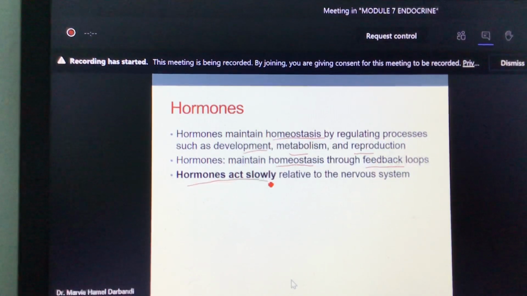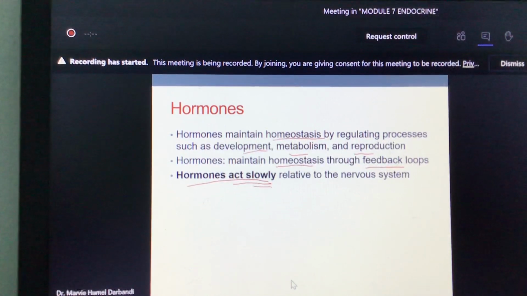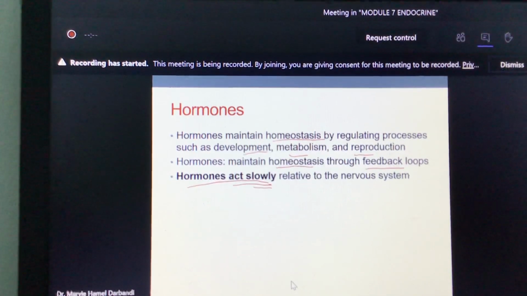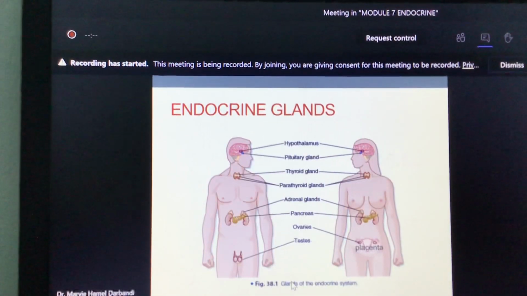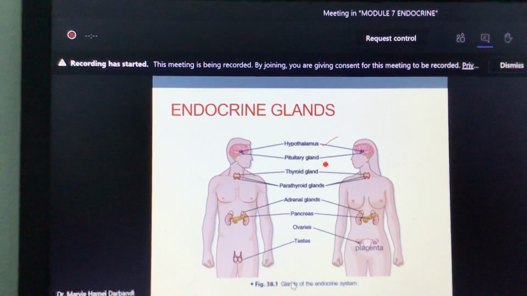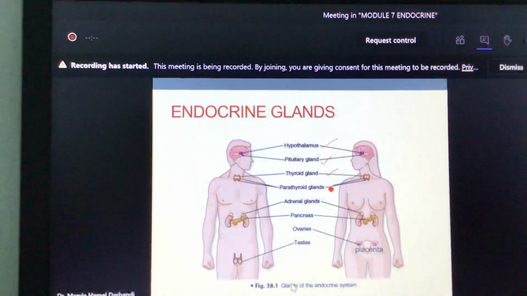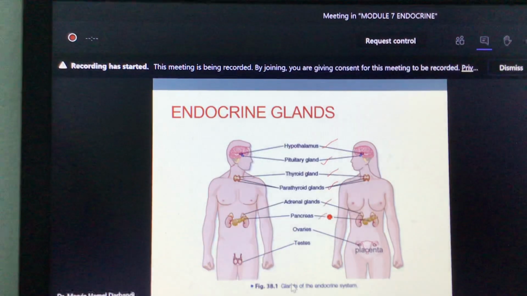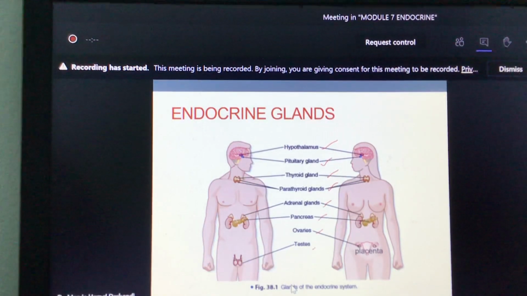Again, hormones act slowly relative to the nervous system that I mentioned a while ago. So this is the summary of those endocrine glands. Of course, first there's the hypothalamus, pituitary gland, thyroid gland, parathyroid, adrenal, pancreas, ovaries, and testes.